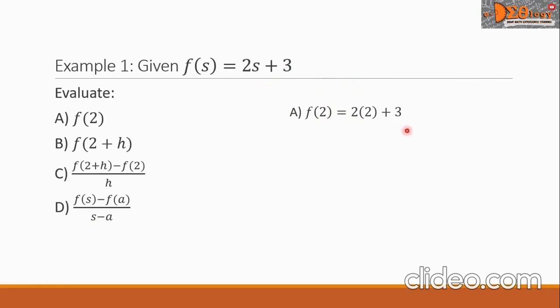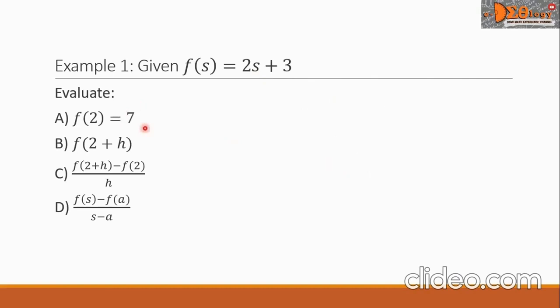And then from here, let us simplify further. 2 multiplied by 2 will be 4 plus 3. And 4 plus 3 equals 7. Therefore, the f of 2 equals 7. So we will write the answer here.